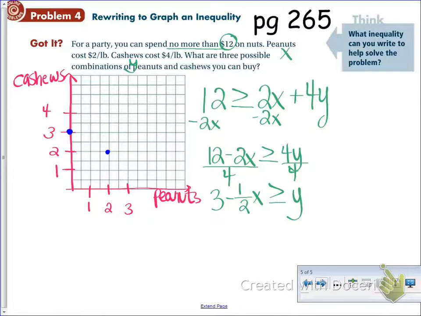Down 1 over 2. So I need to add some to my peanuts. And since I have a greater than or equal to, I can connect my points with a solid line. And since I see y is less than, I will shade below.